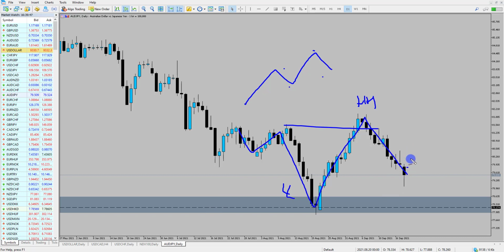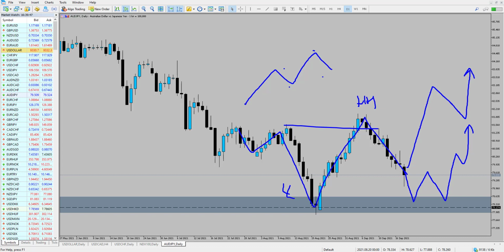So ideally what I'd want to see now is price break above this area here and continue to the upside, or alternatively we look for some kind of reversal pattern, whether that be price pushing back into this zone here, forming a double bottom, and then changing trend and moving to the upside. That is also something that I would like to see in order to start buying Aussie yen.